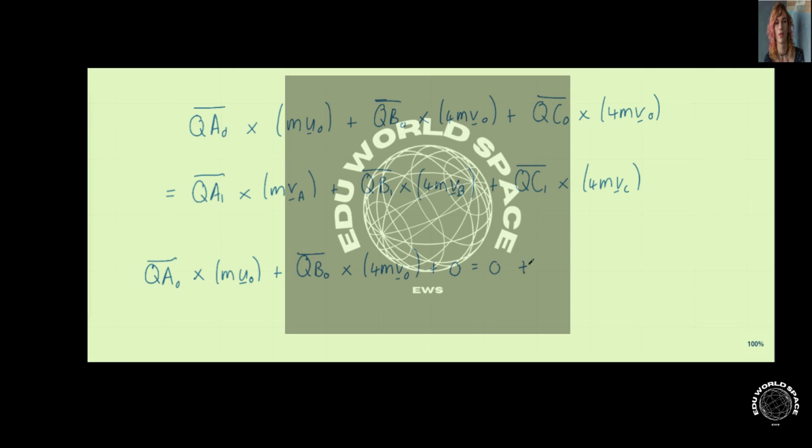First term on the right hand side is 0 plus QB1 cross with 4M VB plus 0. So we'll call this equation 1.